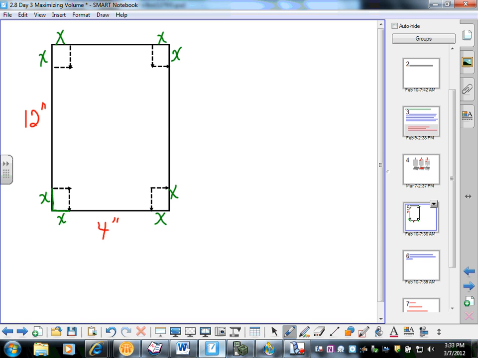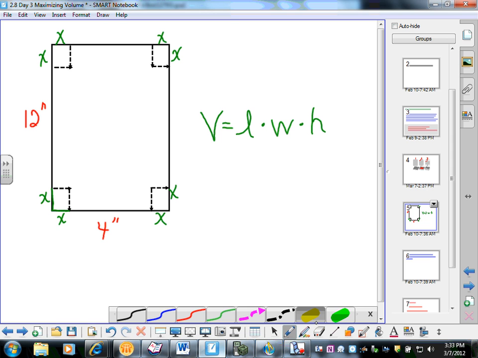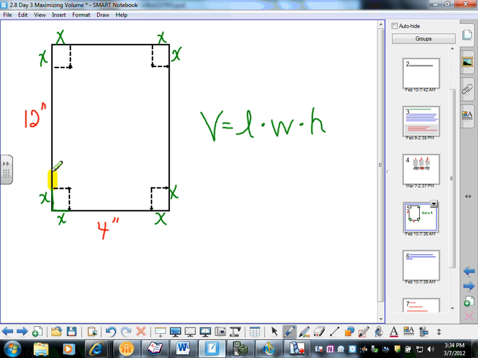Now, we've got to have an equation to work with. We know the volume formula for a box. Volume equals length times width times height. Well, let's see what we know. Our length of the paper is 12, but once we make those cuts, the length of our box is only going to be that highlighted segment.